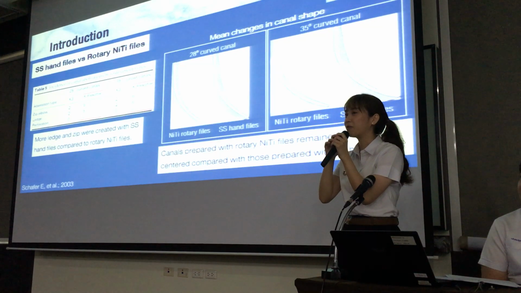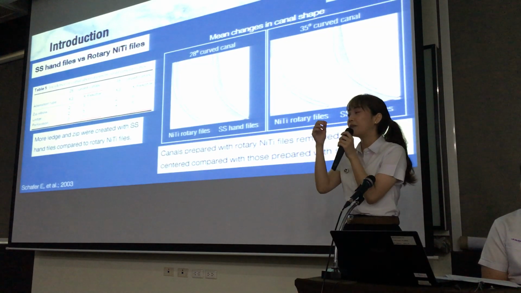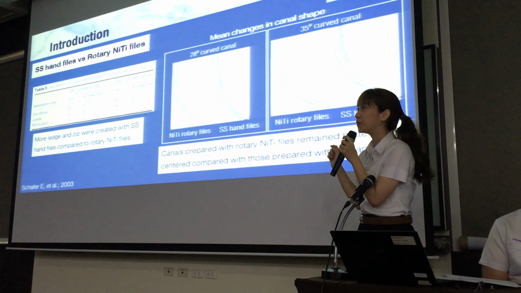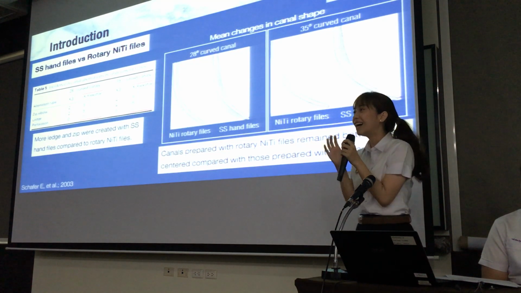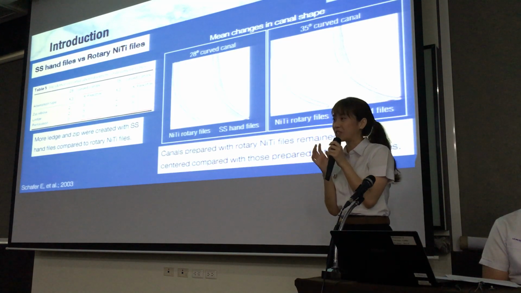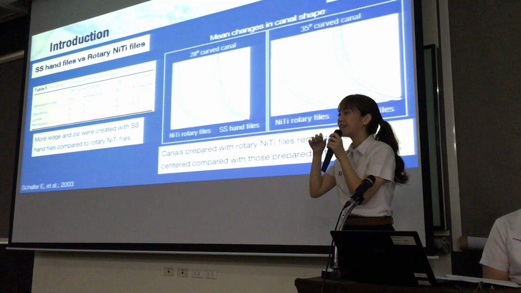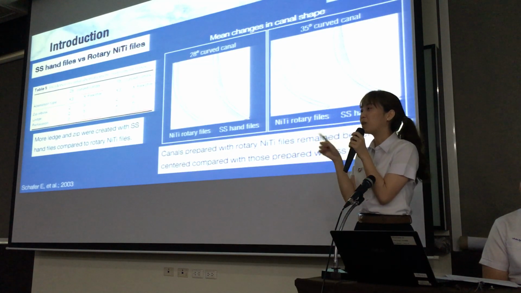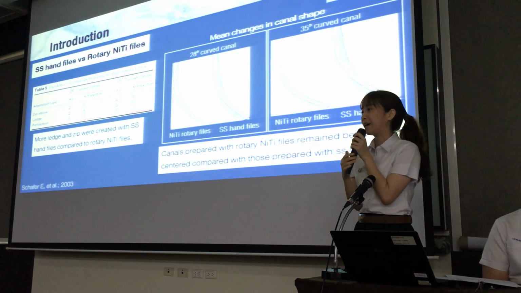For the coronal flare we can use the hand file, but the rotary file cannot be used to perform a coronal flare, though I am not so sure about this study. There are still studies showing that some companies advertise that we can use only one rotary nickel-titanium file to prepare a canal.